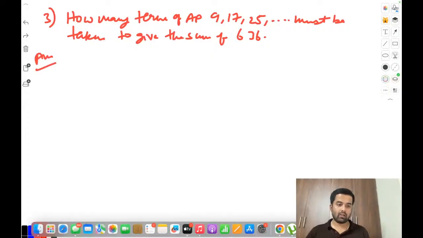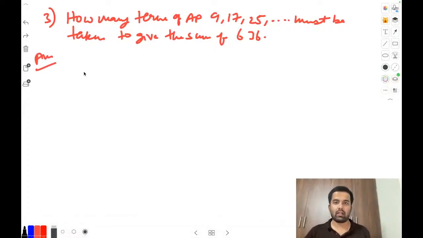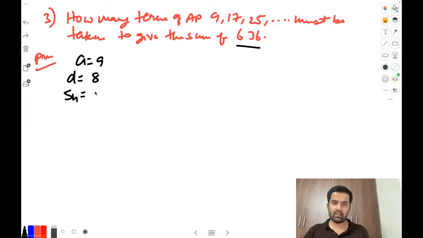As we see, according to the question, the given part is: we have a value, which is what? 9. Gap is, I think, 8, right? Gap is 8. Sum is given. Sn is given, 636. Question is asking how many terms, which means we have to find the n value.